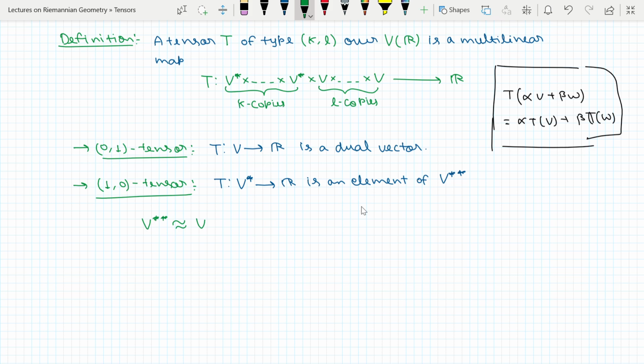If these two are isomorphic, then what that means is that this is just a vector. Elements of V are called vectors. So this thing tells you that this T going from V star to R is a vector.